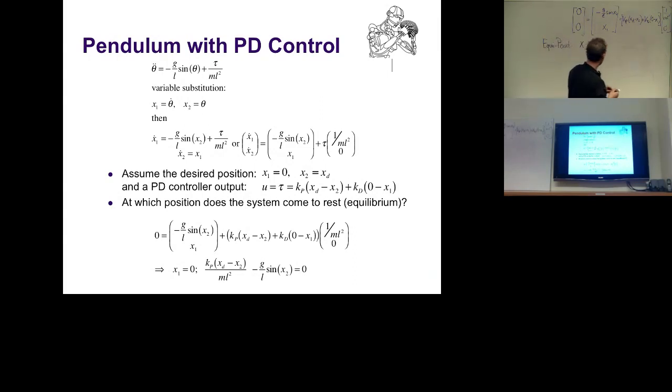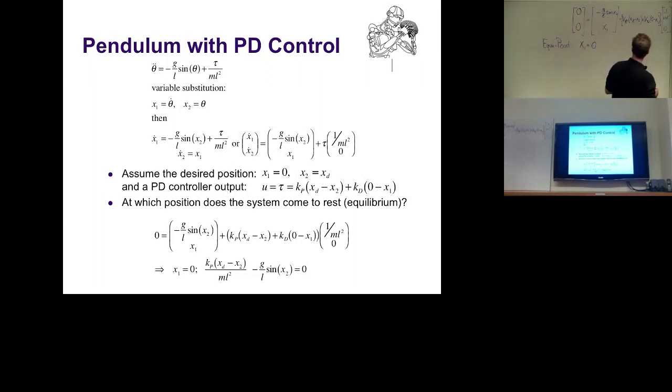Okay? x1 has to be 0, which is exactly what we want. So the velocity at the equilibrium point has to be 0. That's not surprising. That's the prerequisite. You have to stand still. More interesting is obviously the upper part of the equation.